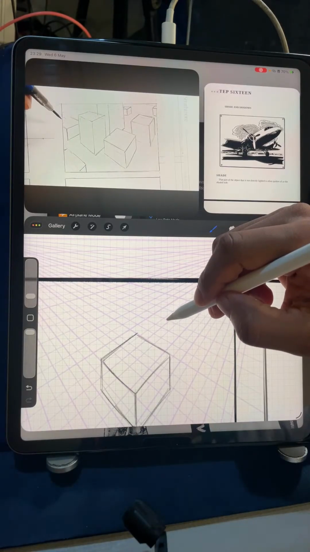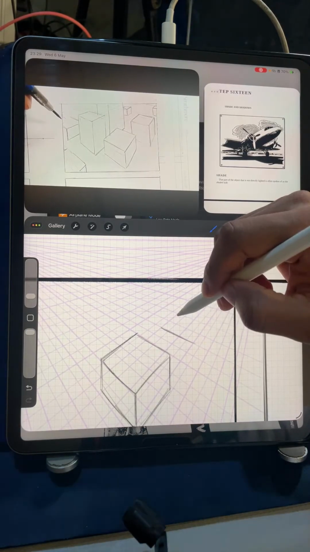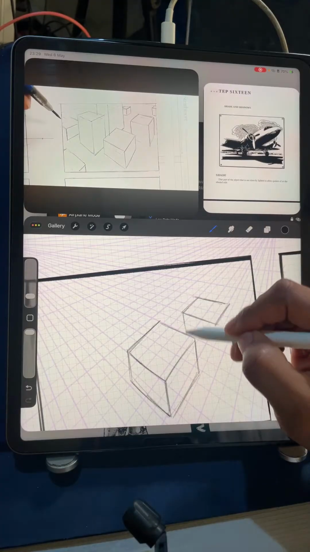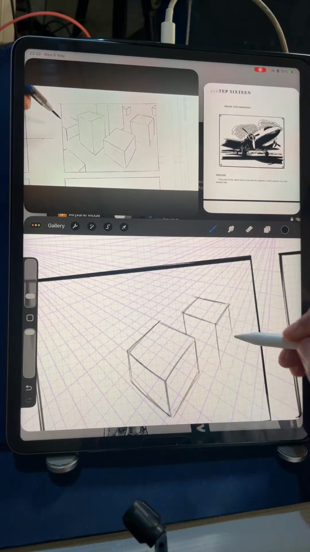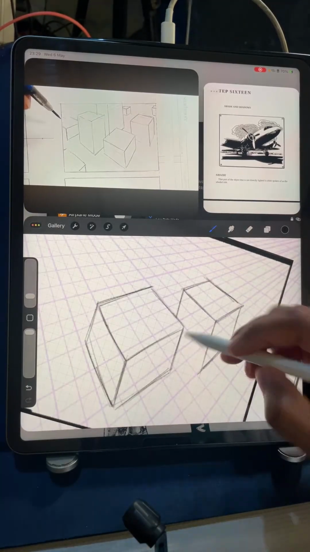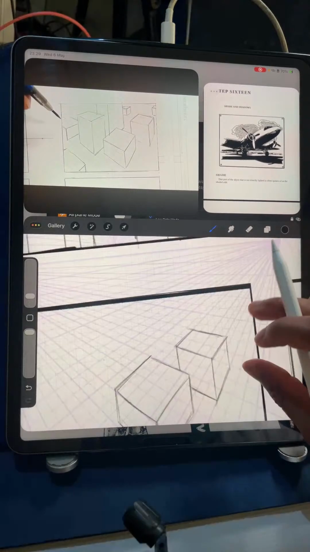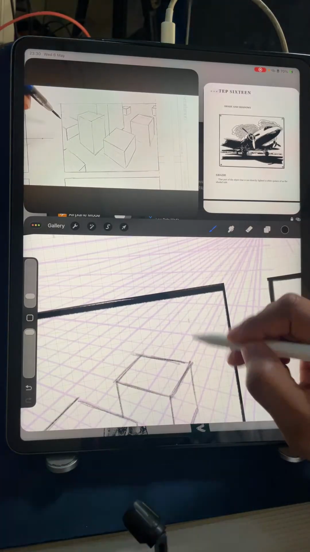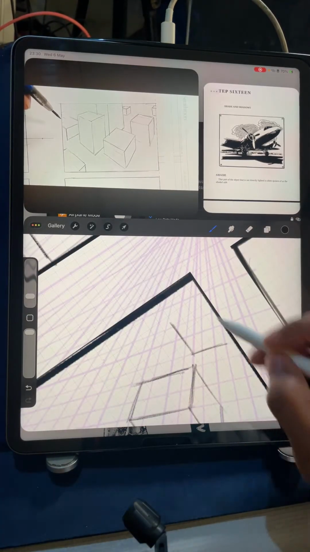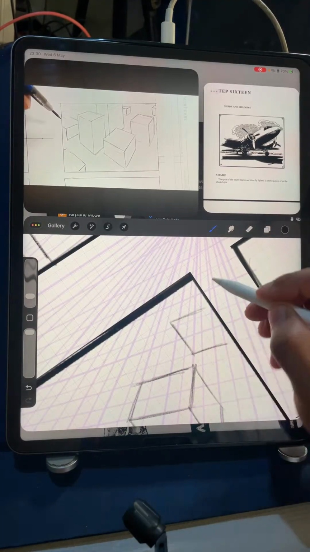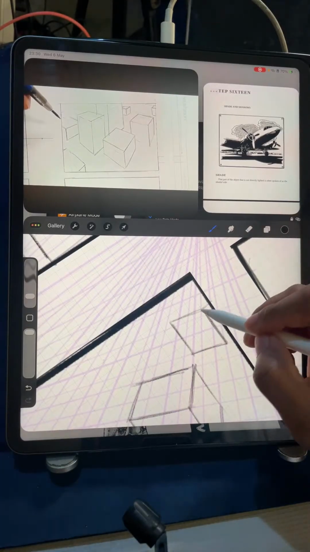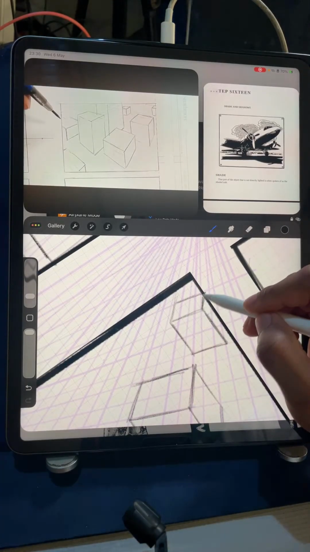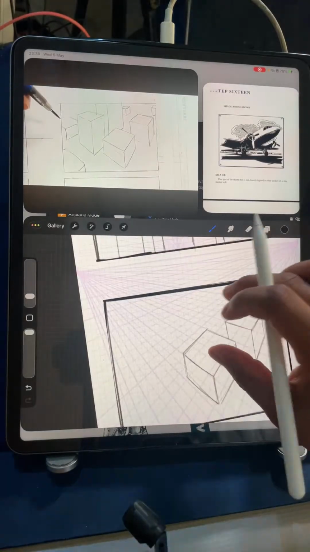There's another box over here. Goes down. Okay, what other one?